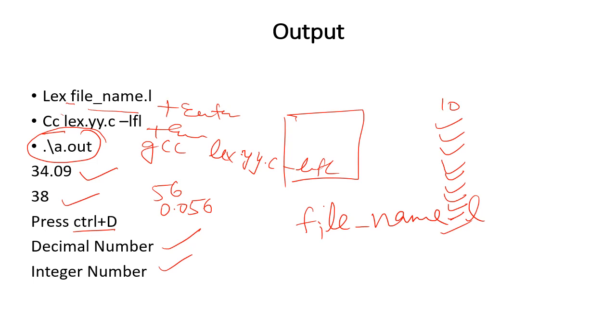So finally what gets printed is the total number of decimal numbers you have entered, and the total number of integer numbers you have input in your a.out. So this is an additional work that you guys can do, right?